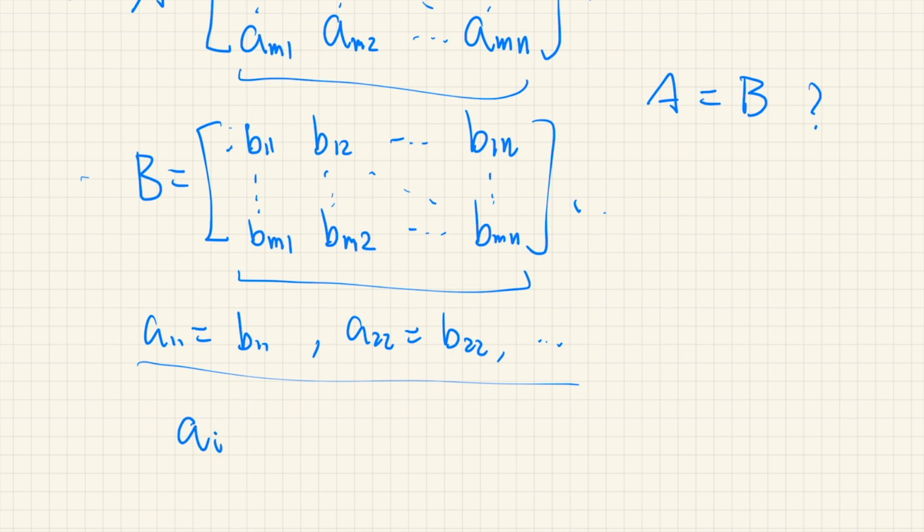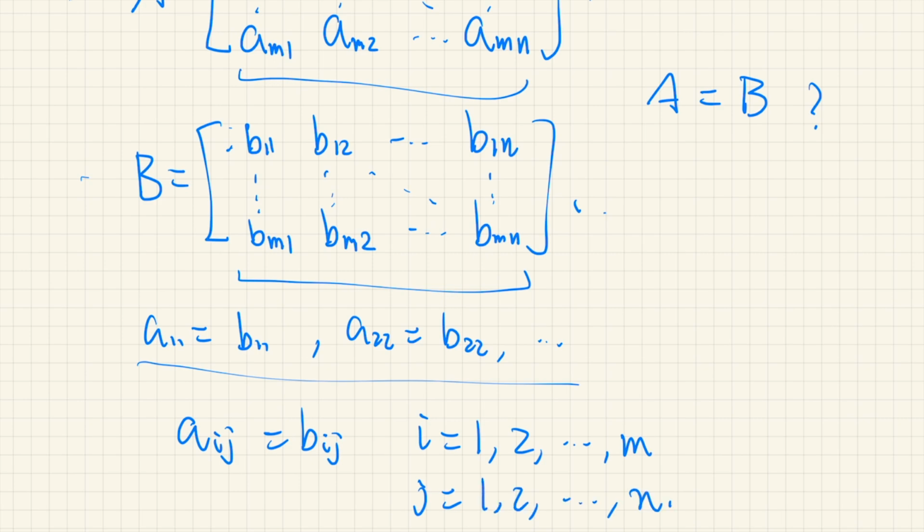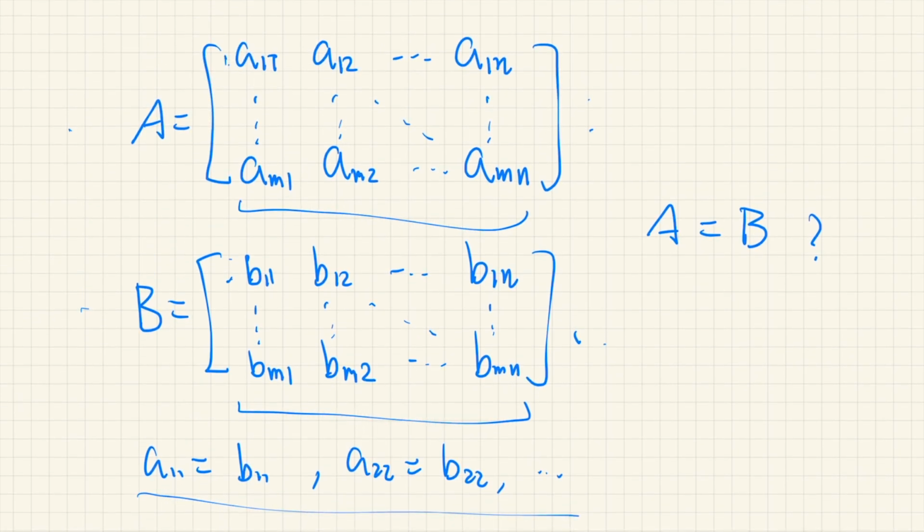So we say A_ij is equal to B_ij, where i ranges from 1, 2 up to m, the number of rows, and j is equal to 1, 2 up to n, the number of columns. So if given two matrices, their sizes match and their elements match, then they are equal.